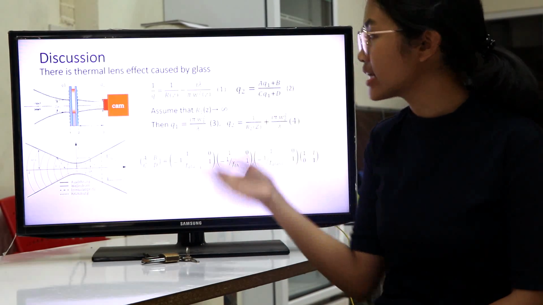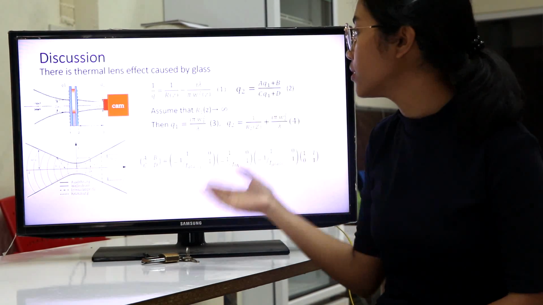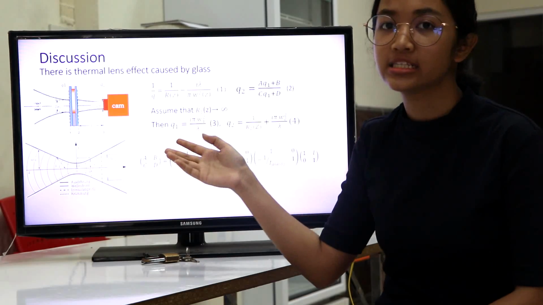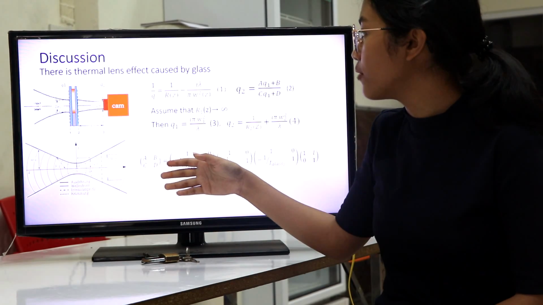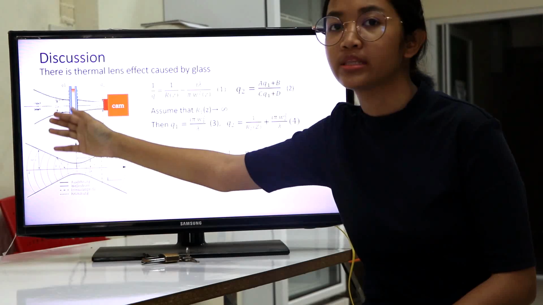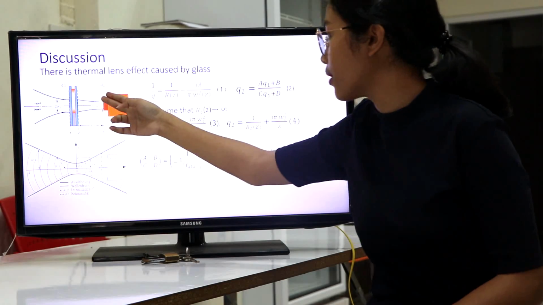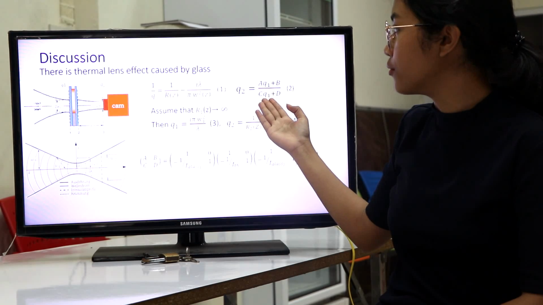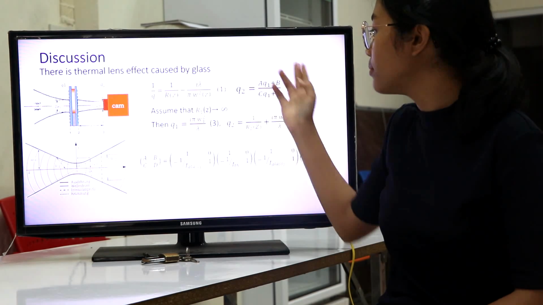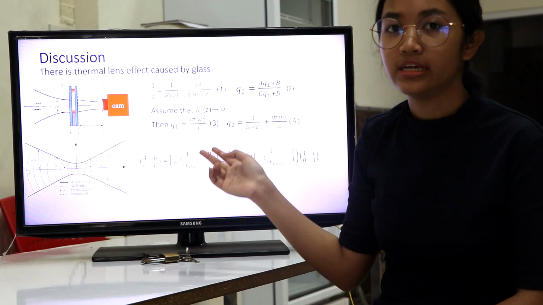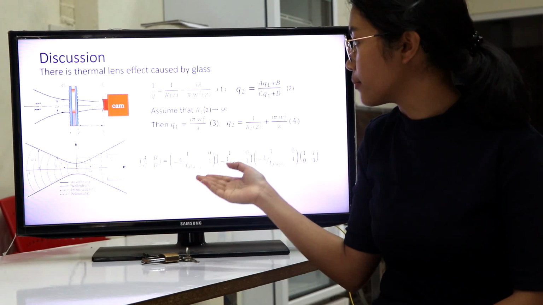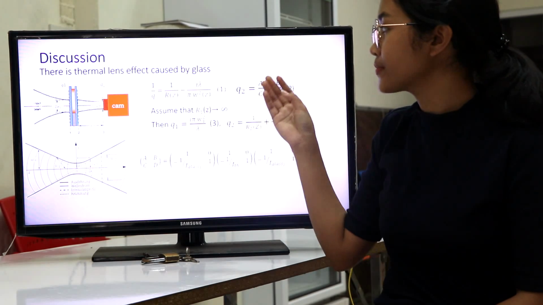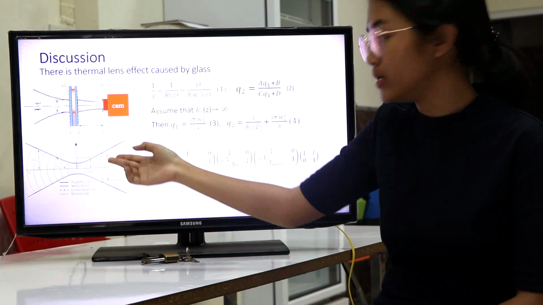But in the discussion too, there is a thermal lens effect caused by the glass. In this case, we can analyze with Q parameter 1 and Q parameter 2, and this is the relation of Q1 and Q2. ABCD is from the ABCD matrix, a matrix that describes the transformation of the beam.